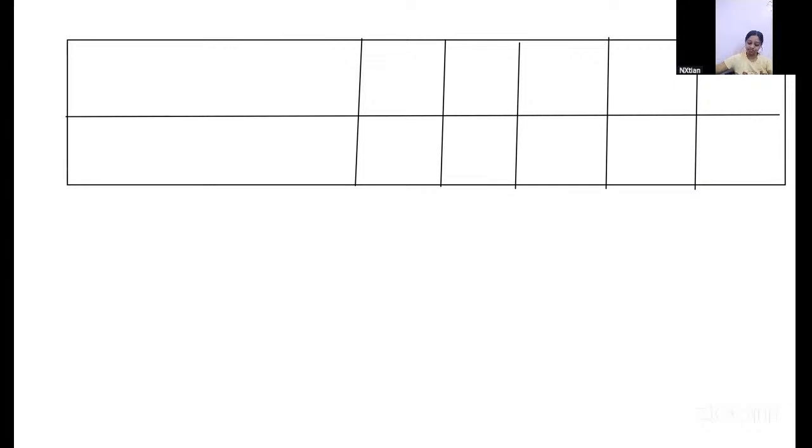Write down: given number ends with. Put the numbers 1, 4, 5, 6, and 9.